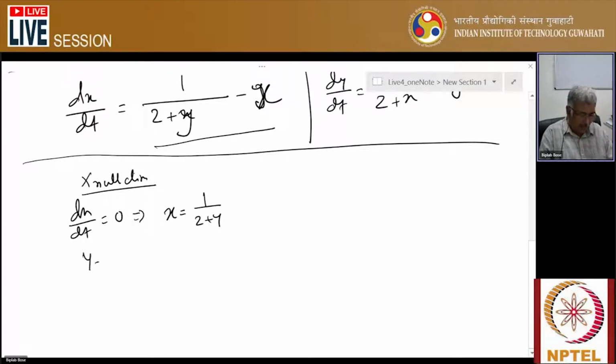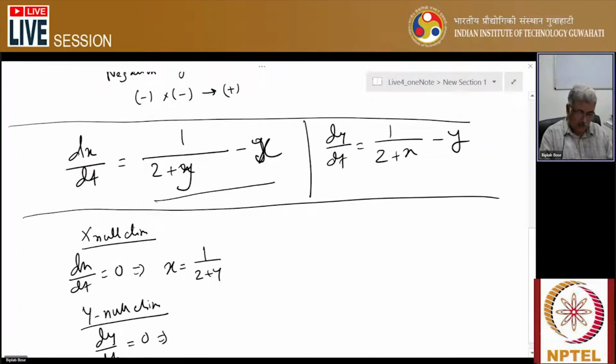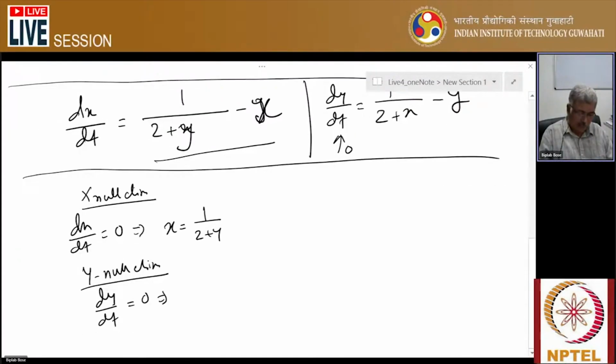Okay, y null cline: dy/dt equal to 0. So put 0 here. What do I get? 1 by 2 plus x minus y equal to 0. So that means I will get y equal to 1 by 2 plus x.